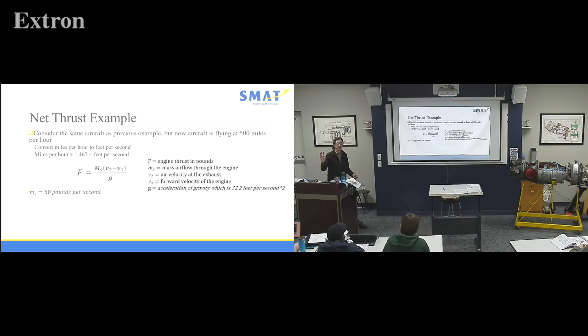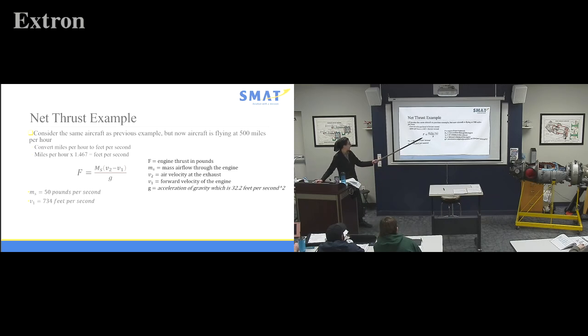So, this is somewhat theoretical. We're going to take the same aircraft as the previous example, but now we're flying 500 miles per hour, converting miles per hour to feet per second, and we have our numbers down here.